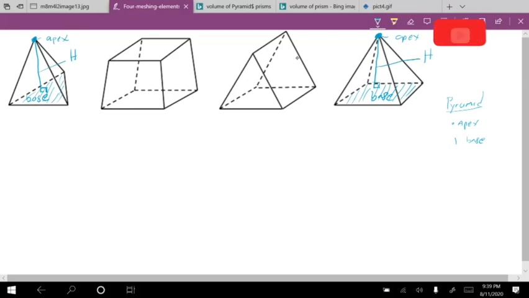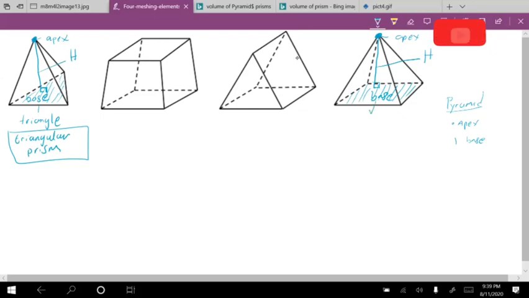Okay, we can name a pyramid based on the shape of the base. So this base is a triangle, and so we name this figure a triangular pyramid.